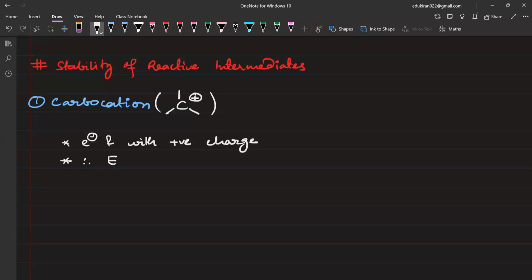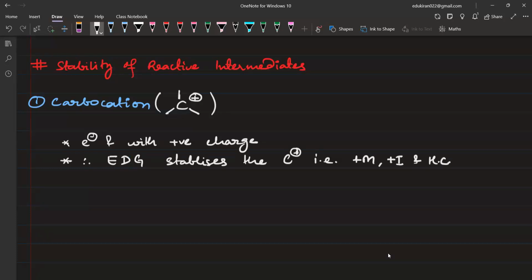Therefore, electron donating groups, if we attach a group which gives electron, it would give electron to carbocation, it will stabilize the carbocation. Therefore, electron donating group stabilizes the carbocation. That is plus M, plus I and hyperconjugation.